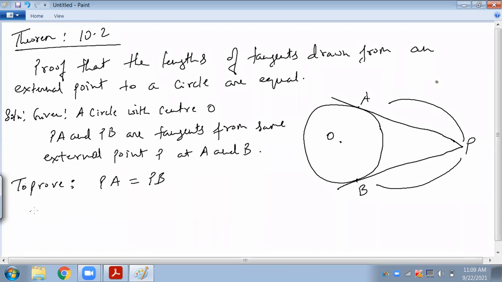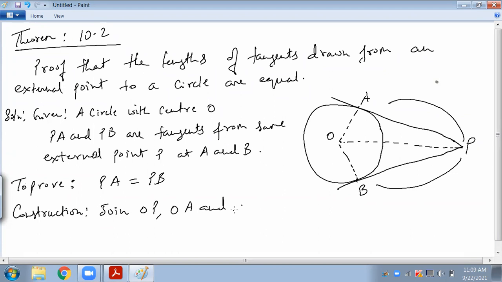Okay. To prove this, we need construction. We'll join OP, we'll join OA and we'll join OB. So construction will be: join OP, OA, and OB.